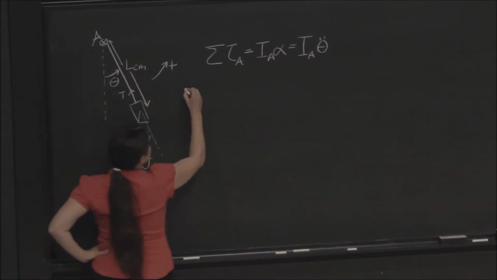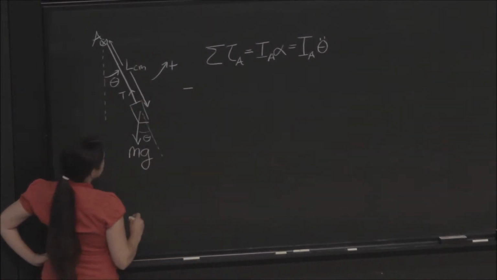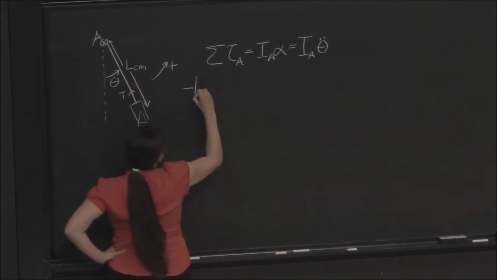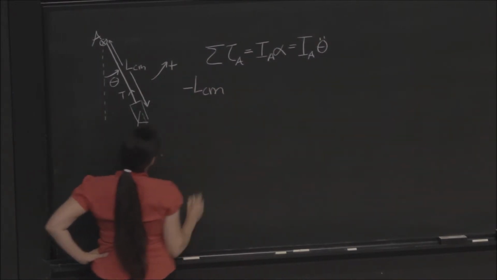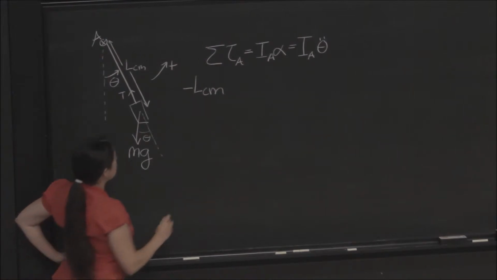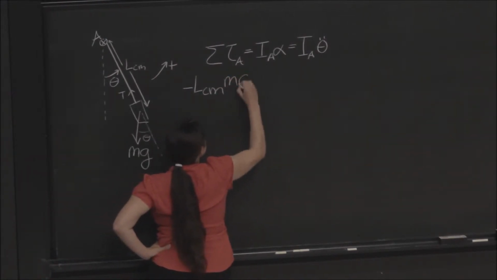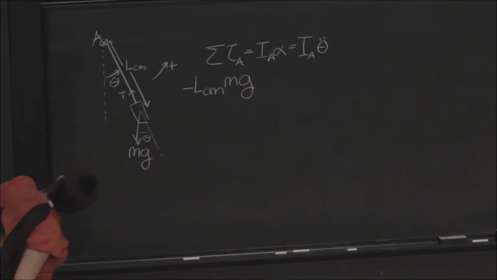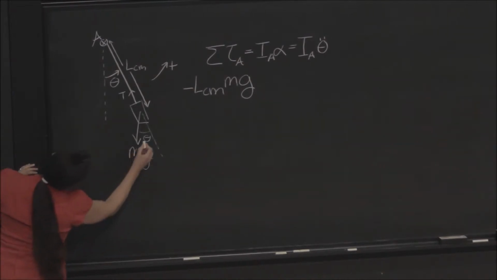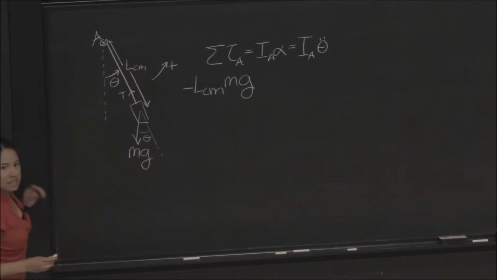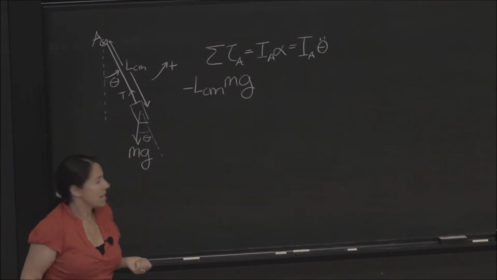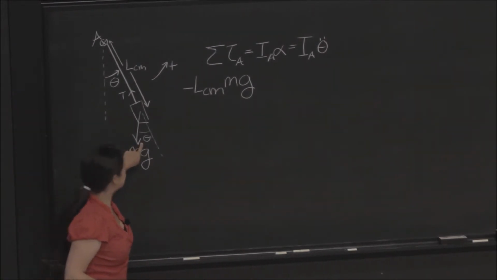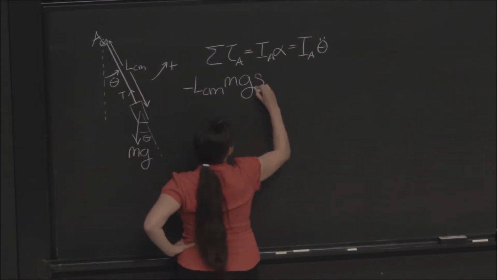So I'm going to have negative, the distance is L_CM, cross the force is mg. Now I have to pick the perpendicular component. If I extract this out here, it's going to give me, what do you think? I'm thinking that's a sine theta, so let's go ahead and do that.